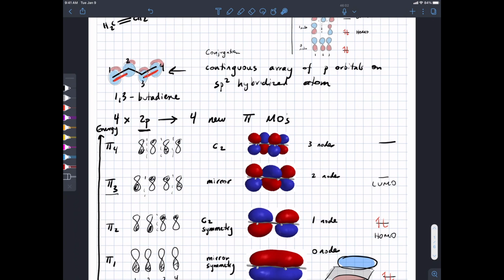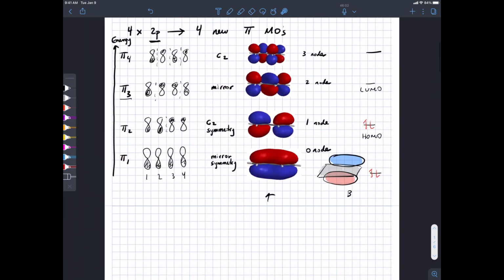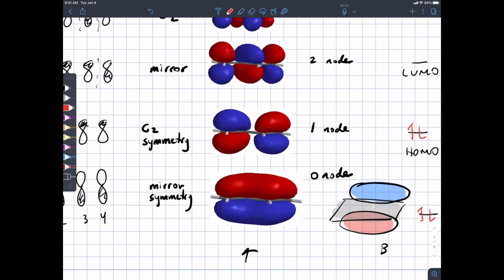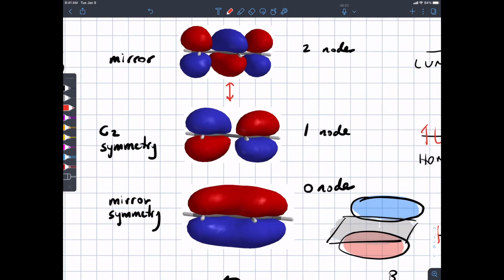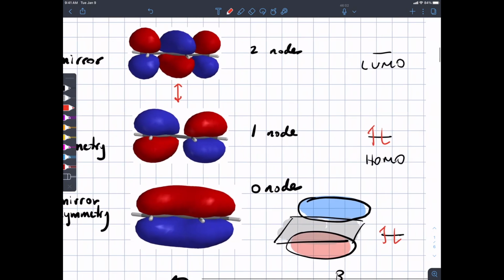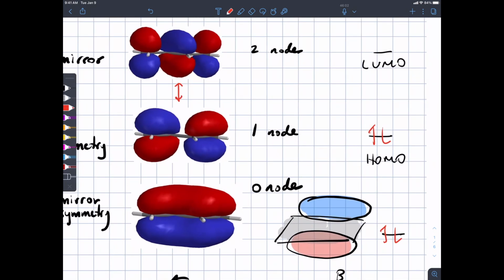Now, stay tuned because orbital shape is going to matter here, but I want to point something out about vision, and that is that the difference in energy between the HOMO and the LUMO here is now a smaller amount. It was 7.5 electron volts before.